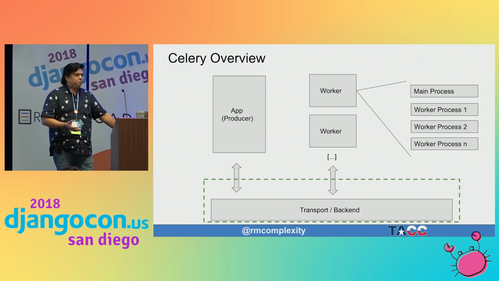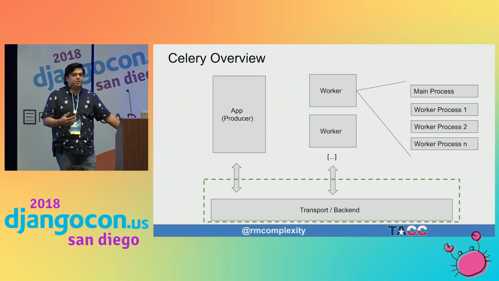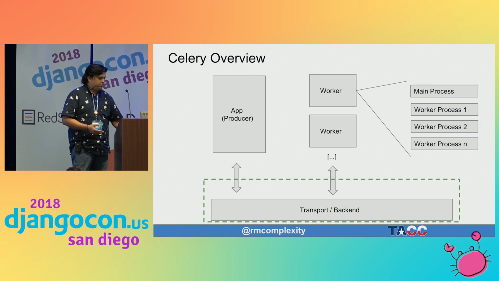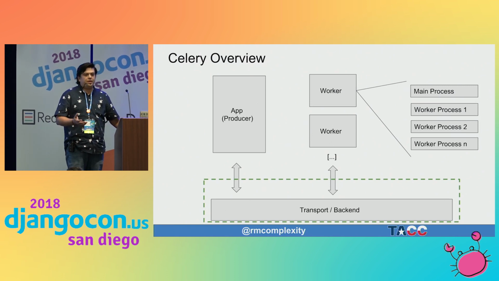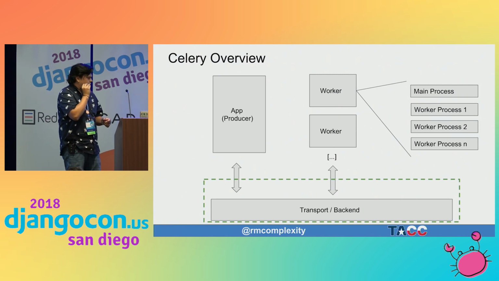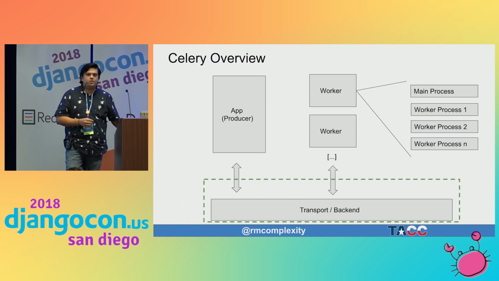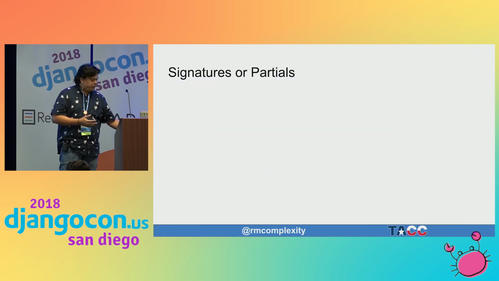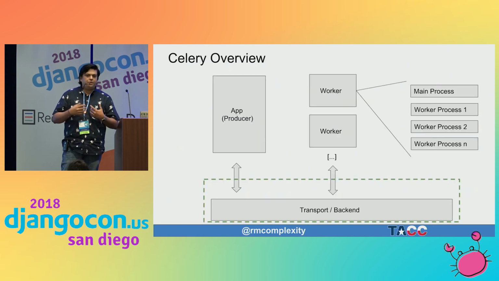And there's support for other types of transports, even a simple file transport. And we can also use a backend, which is what we use to save the different task results.